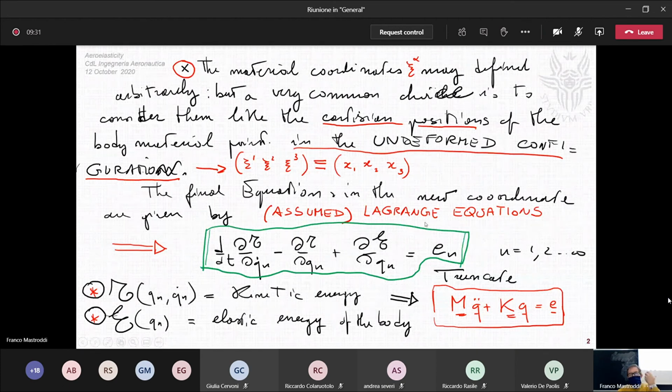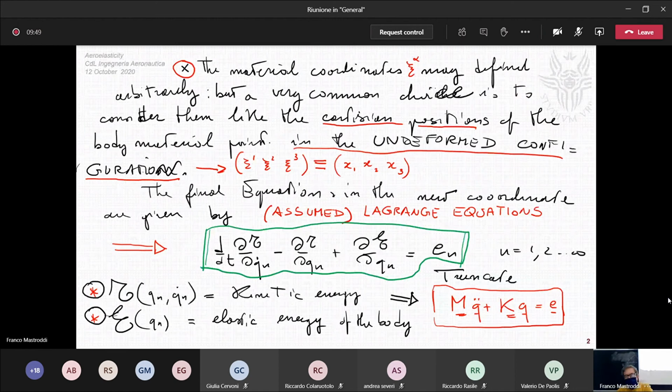So you have a set of new equations representing your flexible body in these new unknown variables qn.